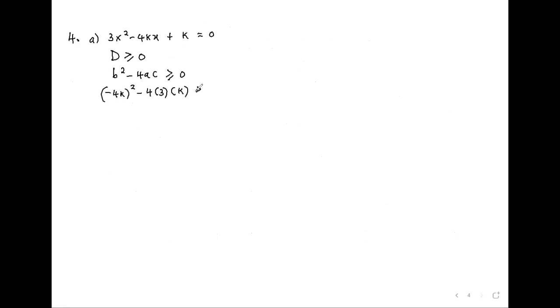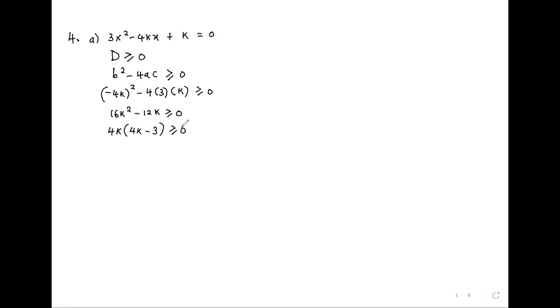This must be greater or equal to 0. So here we get 16k squared minus 12k is greater or equal to 0. If we factor out what is common, 4k is common, and we remain with 4k minus 3 on the other side, greater or equal to 0.